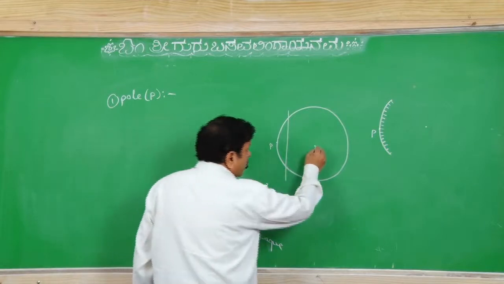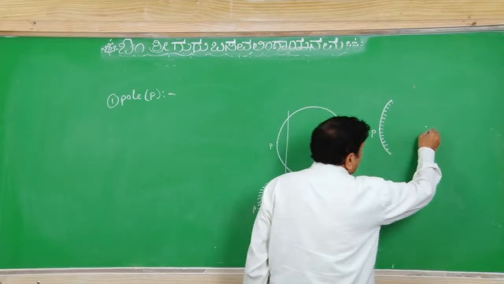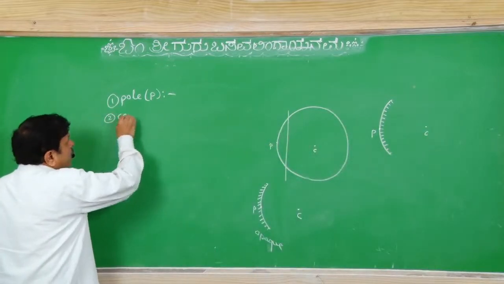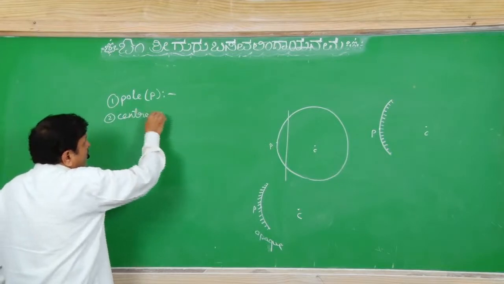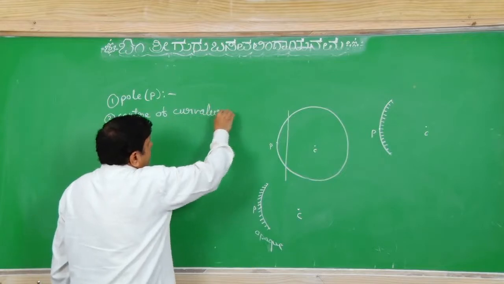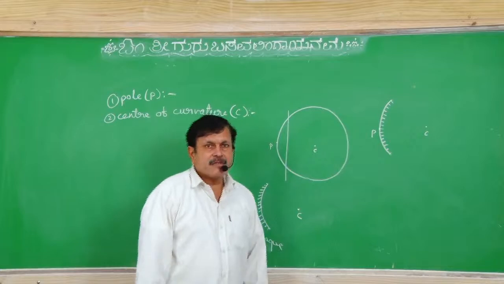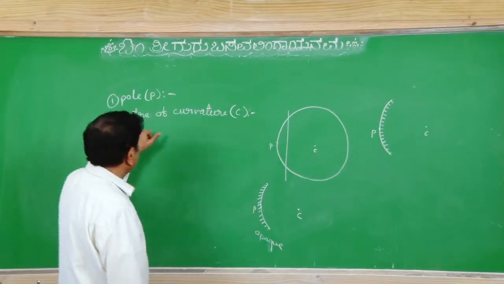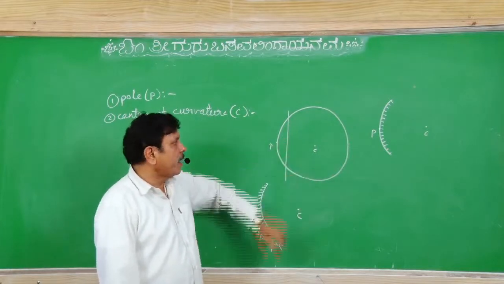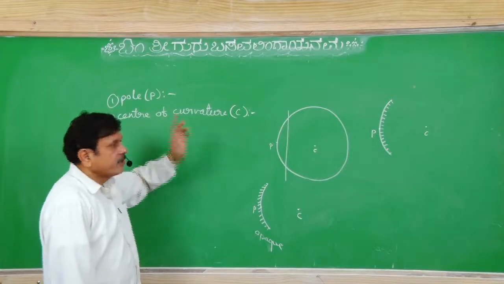And here, this point is called C. C means center of curvature. So the second one is center of curvature. See, this is called the center of curvature. The name itself indicates it: this is the curvature, the curved part, and it's the center.